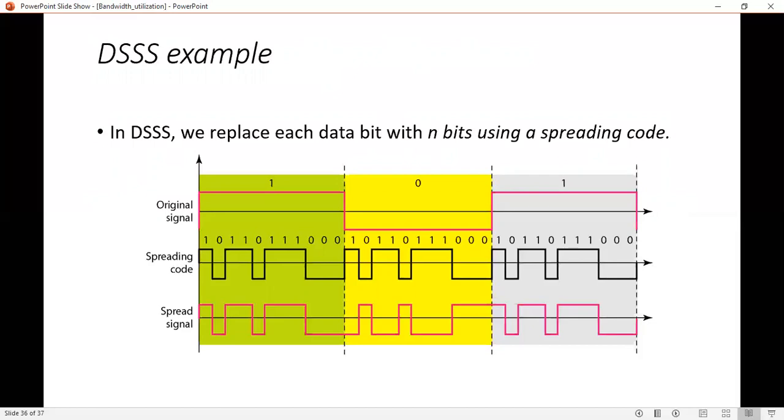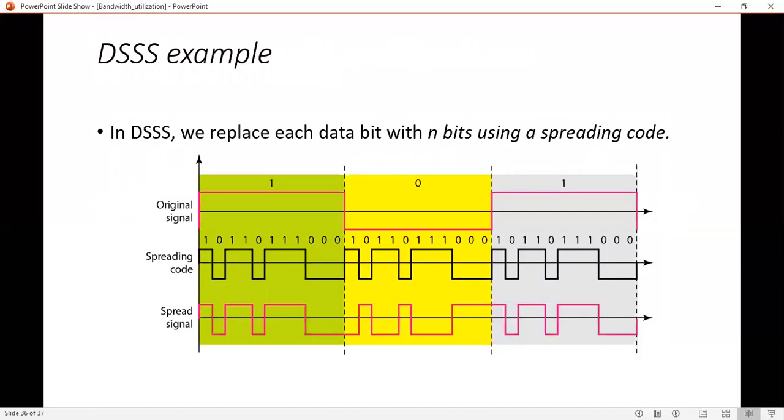But when the original data unit is 0, you inverse it: 1 becomes 0, 0 becomes 1. You reverse each bit of the spreading code for the spread signal. Again, the third bit is 1, so you follow the same spreading code. And again, if you get a 0 bit, you inverse the spreading code. That is what you do in direct sequence spread spectrum.